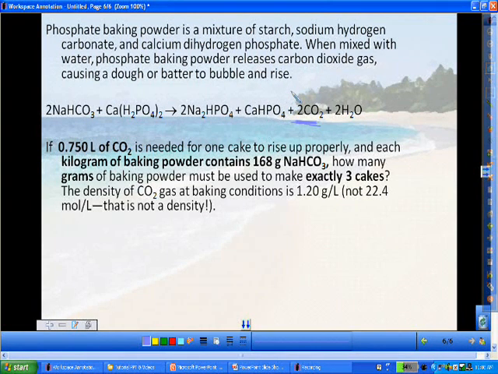So we are given that we want to make 3 cakes, and we know that 0.750 liters of carbon dioxide are needed per cake.